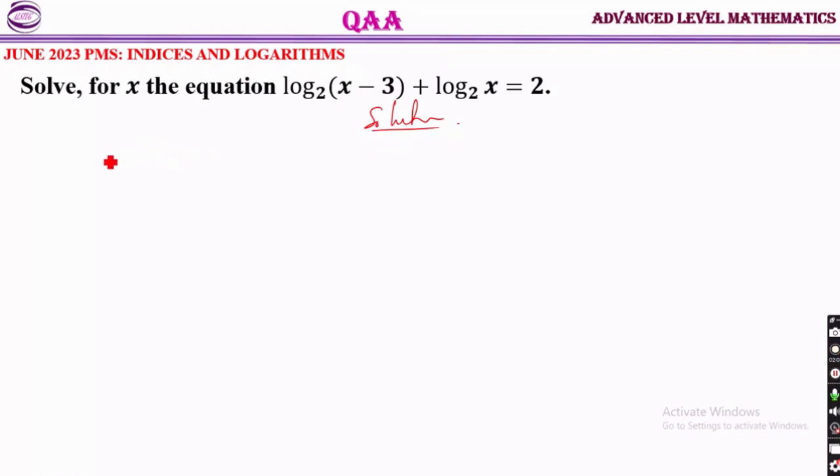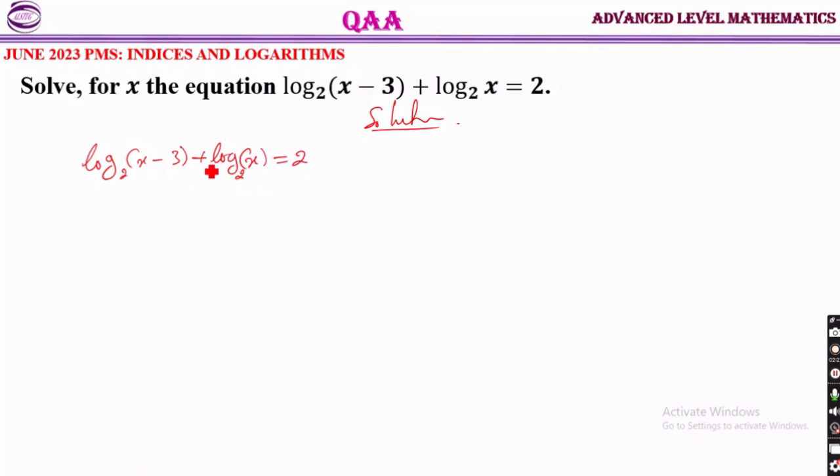Now, in solution, we have been given log to the base 2 of (x minus 3) plus log to the base 2 of x to be equal to 2.